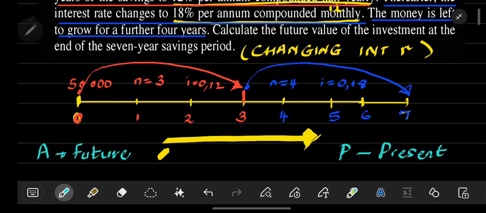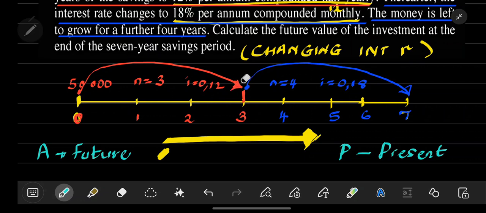So now you have 50,000, which is present, and it's going to run for 3 years, and after 3 years, on the red part, after it has accumulated, it's going to be a future on the red part.